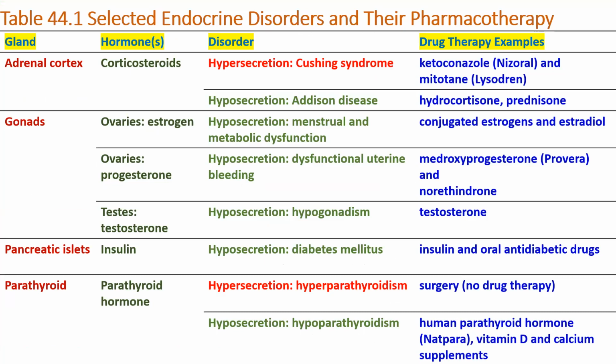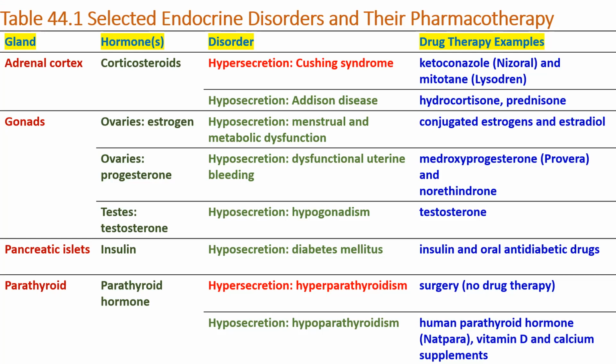So drug therapy: different medications to treat different conditions. For example, the adrenal gland, which produces the corticosteroids, has a disorder of hypersecretion, which is Cushing syndrome. Patients will have a moon face, weight gain, fluid excess, hypertension, increased blood pressure, hypokalemia, and hypernatremia.